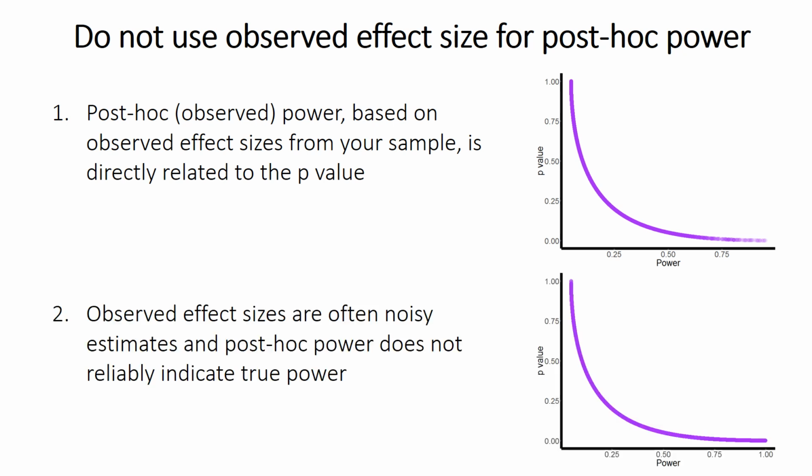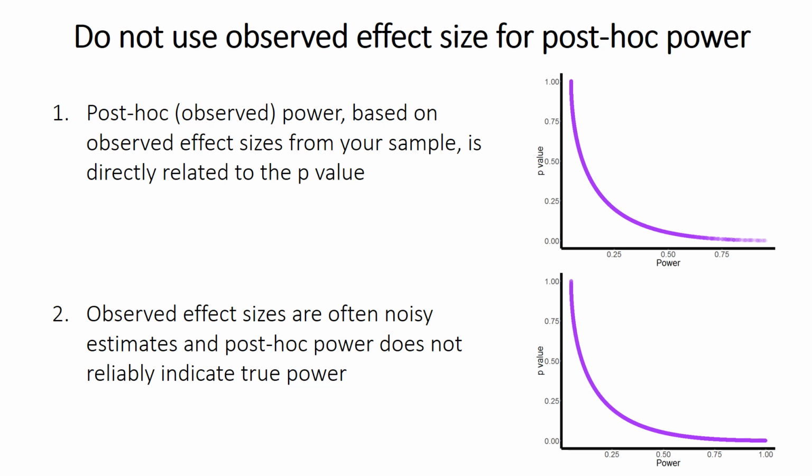And more importantly, the observed effect size that you get is often a noisy estimate. In theory, if you did multiple, random draws from the population, the mean effect size would hopefully approximate the mean of the population, but you only have one effect size in your data, and so therefore there's going to be some noise.